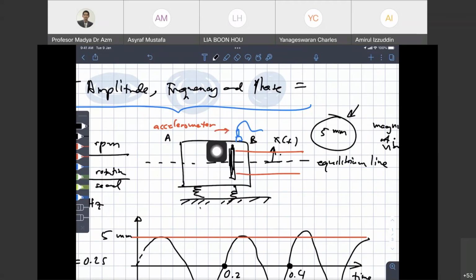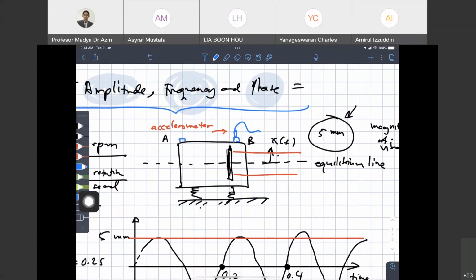So when you say vertical, it's fine. But if you measure the phase at A, you got the phase 30 degree. At side B, you also got the phase 30 degree.